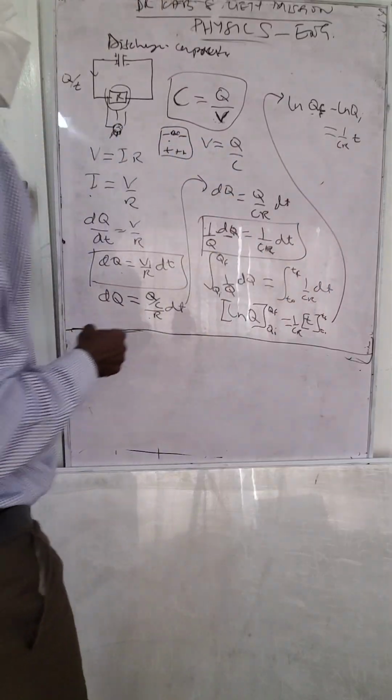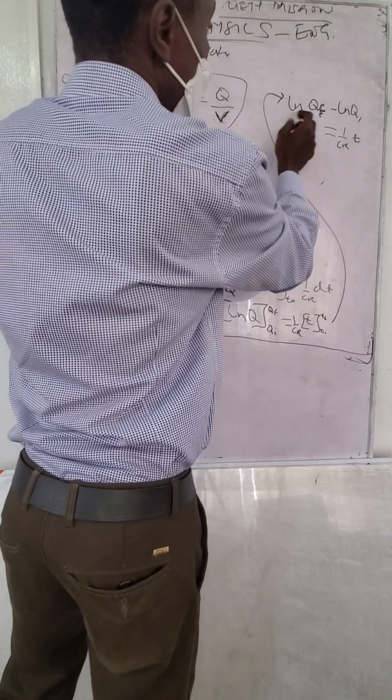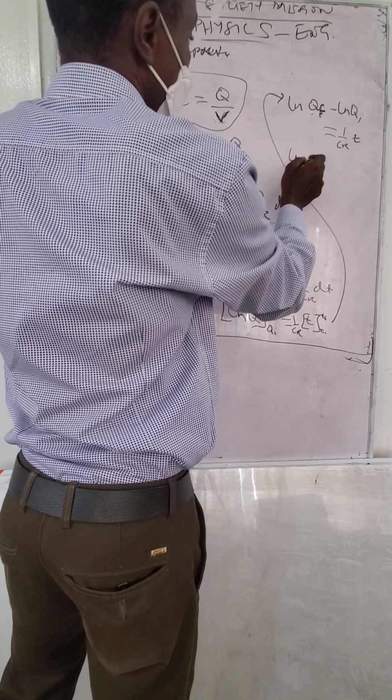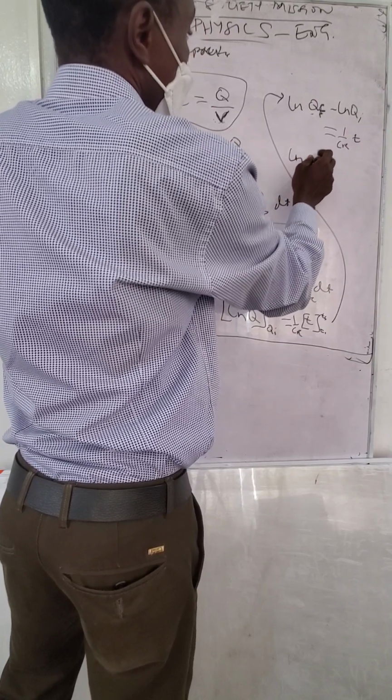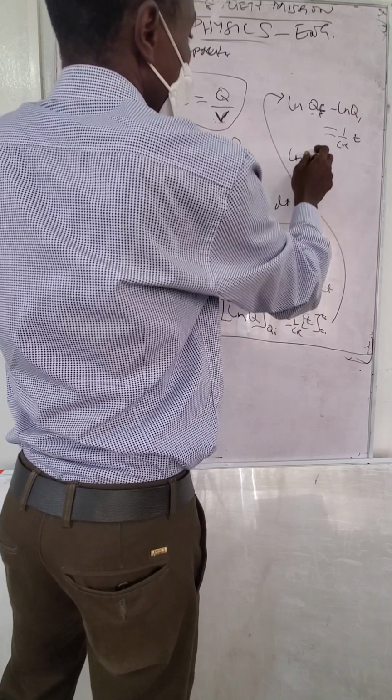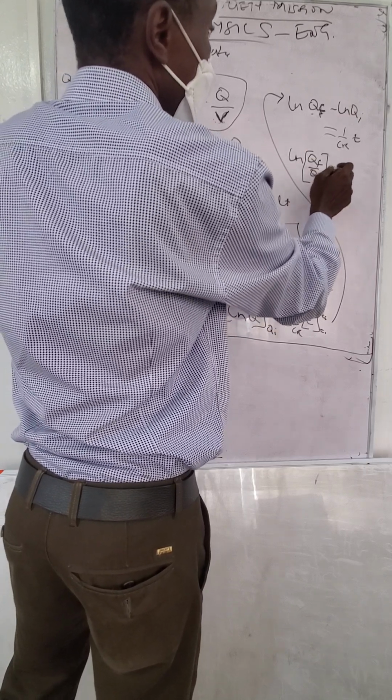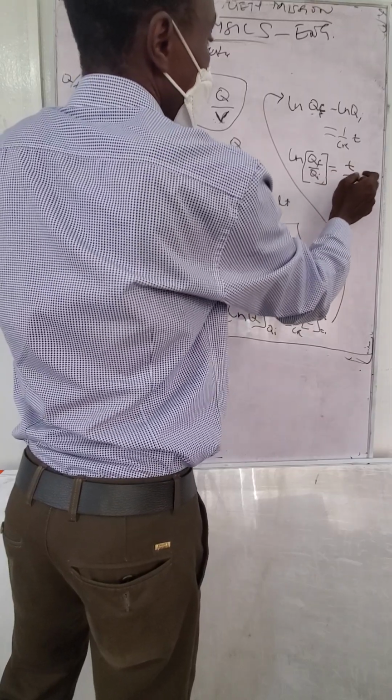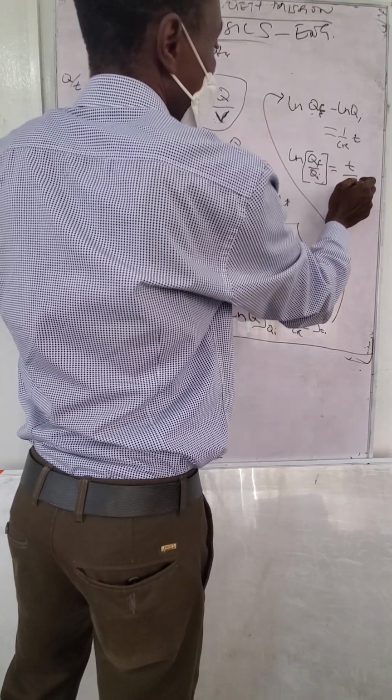Then this can be expressed as natural log of q final over q initial is equal to t over CR.